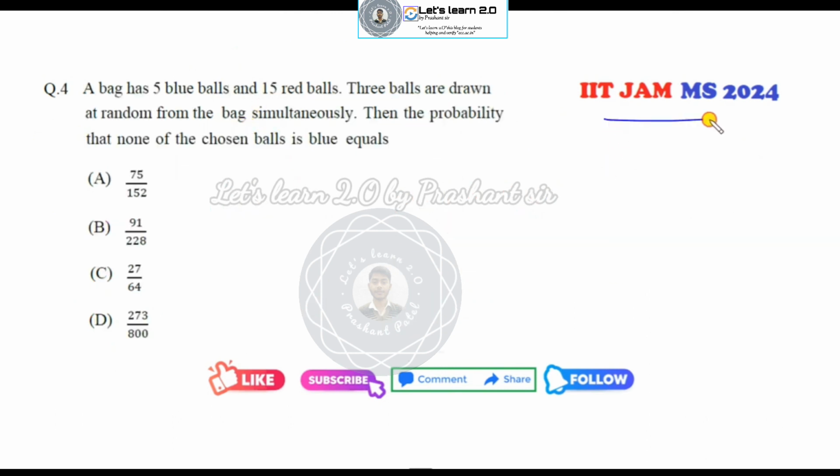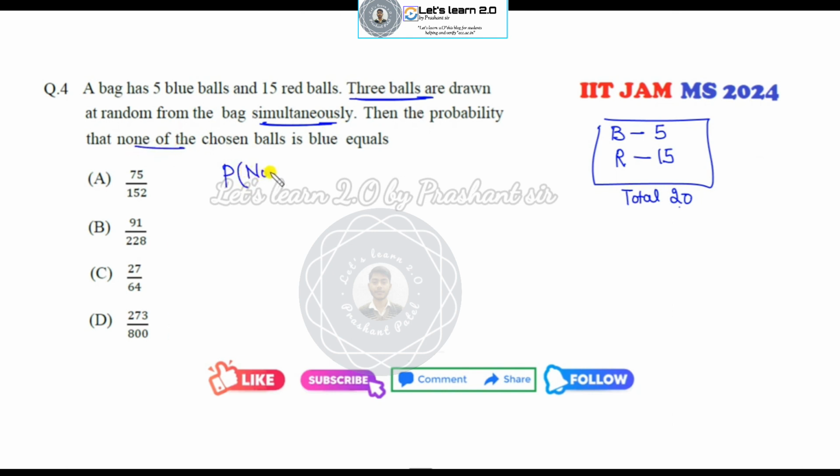Look at this another one. A bag consists of 5 blue balls and 15 red balls. Total is my 20. 3 balls you can pick from these 20 simultaneously. The probability that none of them is blue. So what is the meaning of that? It means all are red balls. So how can you find the probability of the red balls? 15C3 over 20C3.